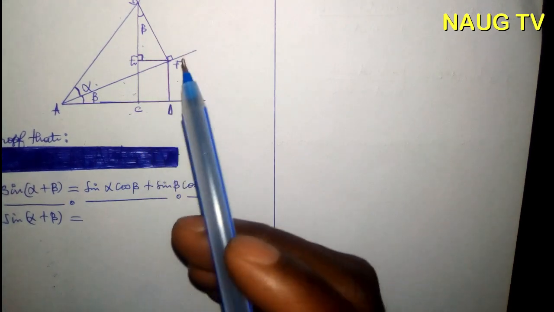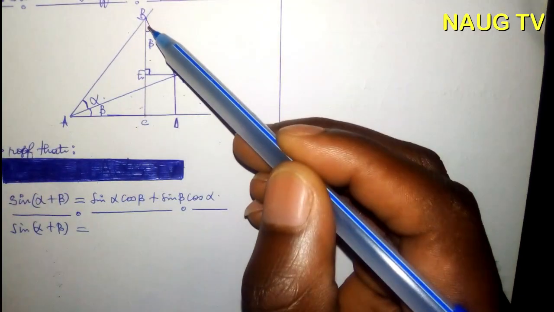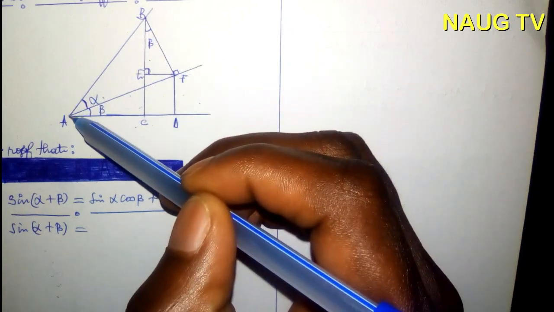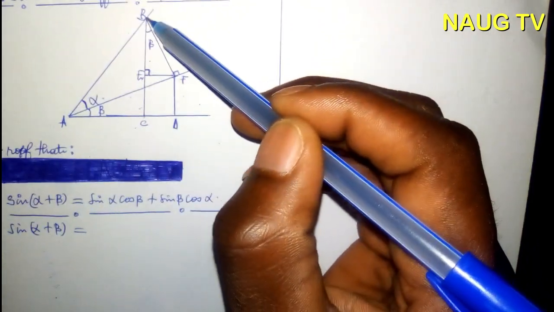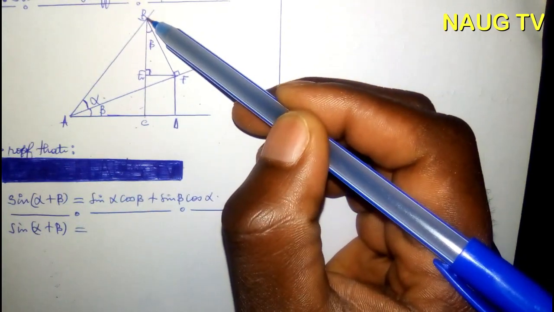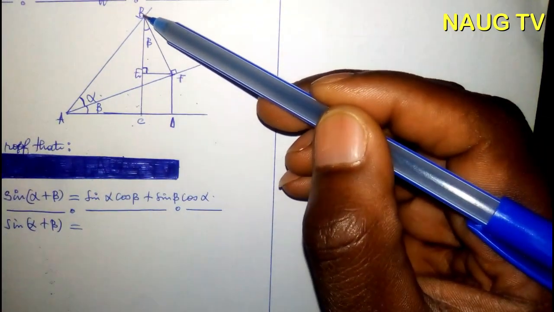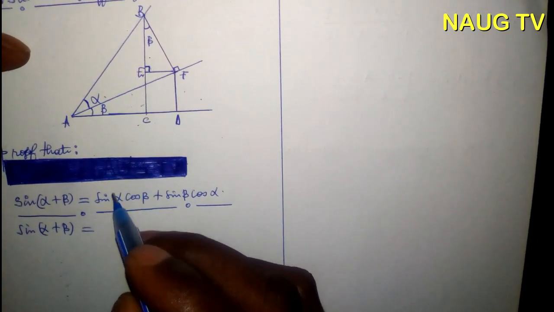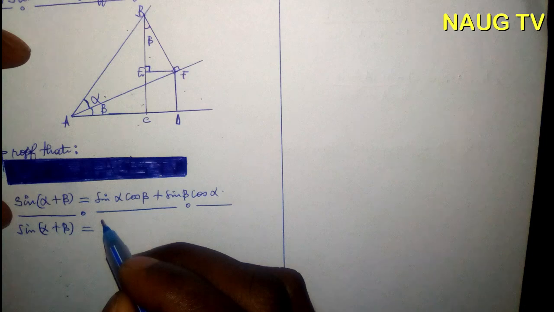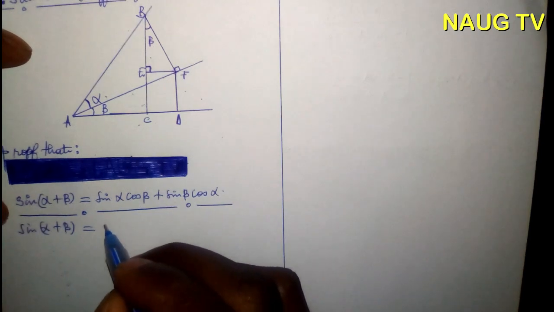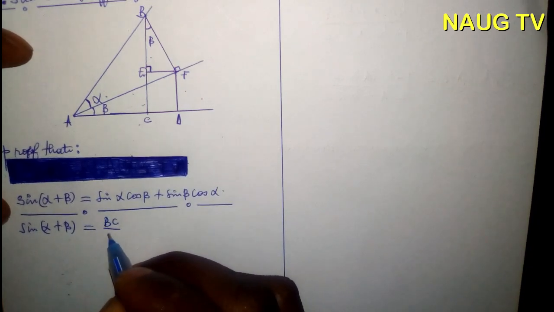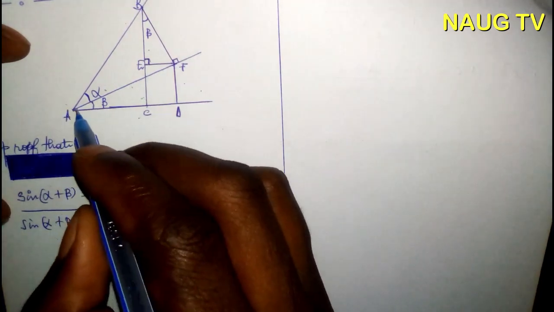So the hypotenuse is the distance AB here, and the opposite side is the distance BC here. So sine of beta plus alpha would be equal to the opposite side, BC, over the hypotenuse, AB.